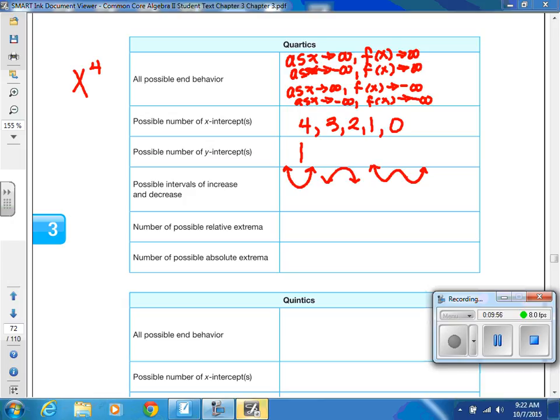Or the other way around. Increase, decrease, increase, decrease. Possible number of relative extrema, 3 or 1. Number of possible absolute extrema, 1. All right, get that on your chart if you don't have it.